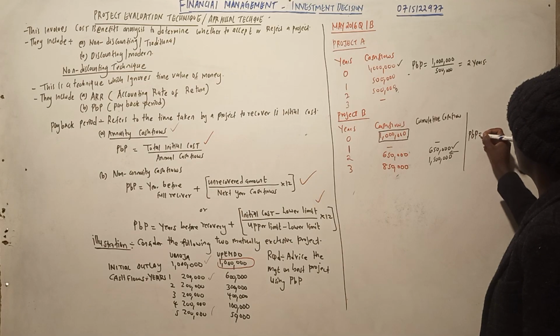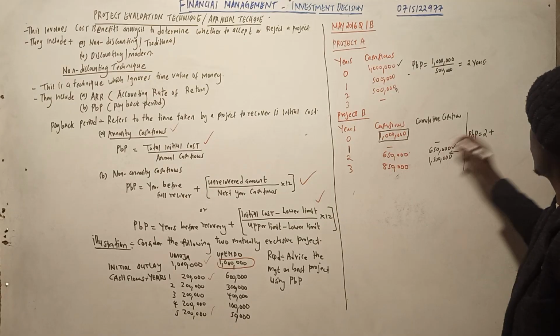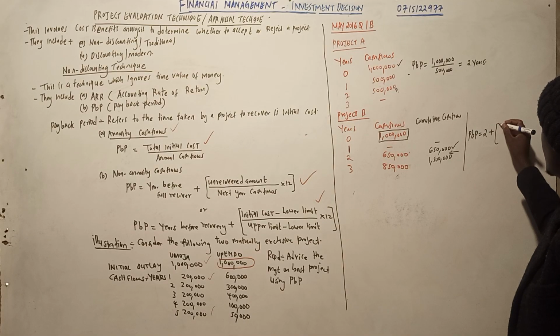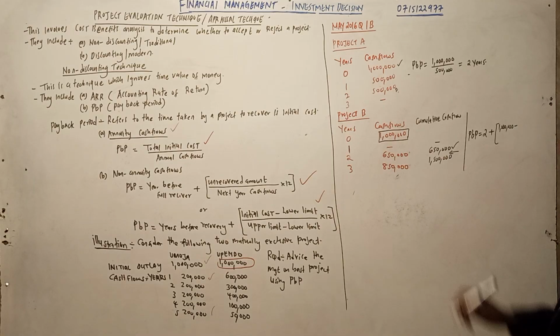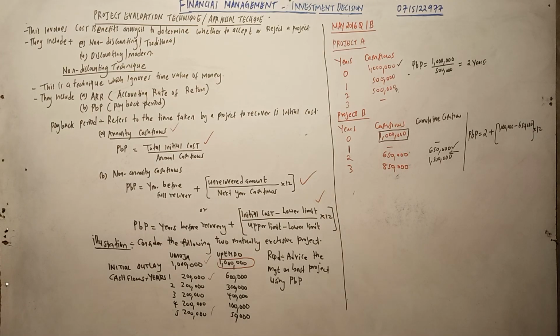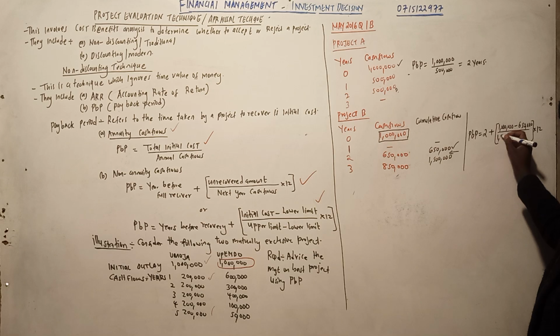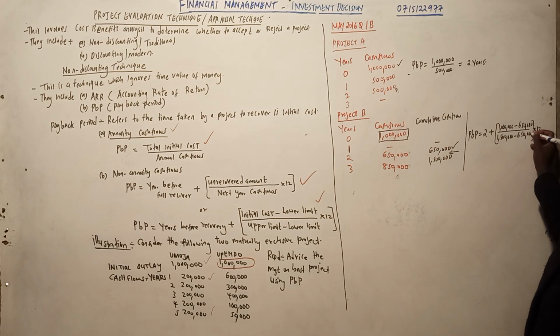So the payback period is year 2 plus the initial cost of 1 million, using the upper formula, minus the lower amount of 650,000, remember to times by 12, over the upper limit of 1.5 million minus the lower limit of 650,000.